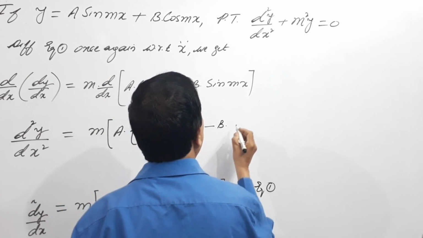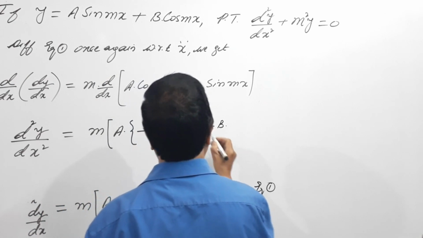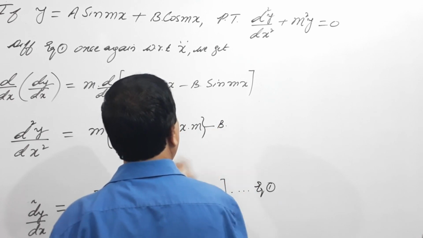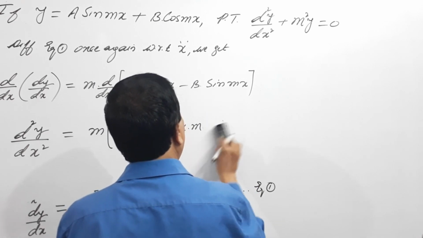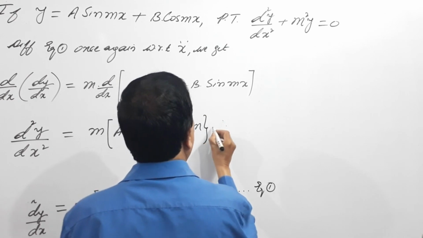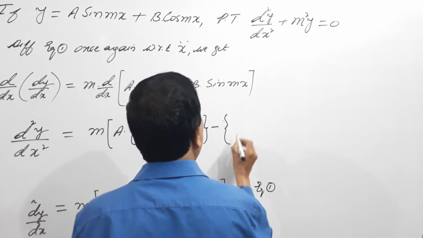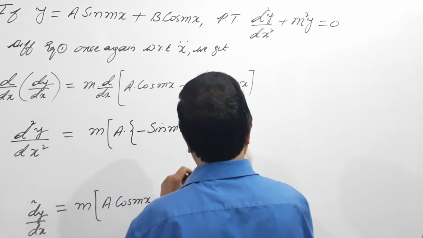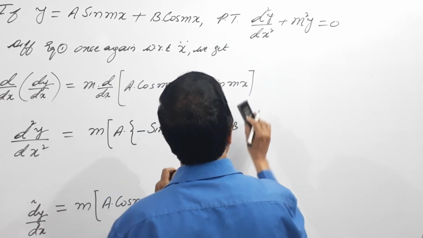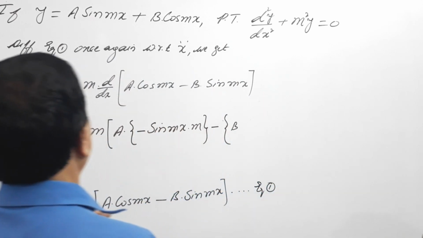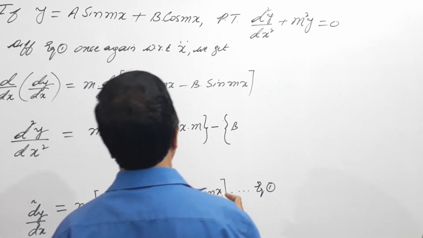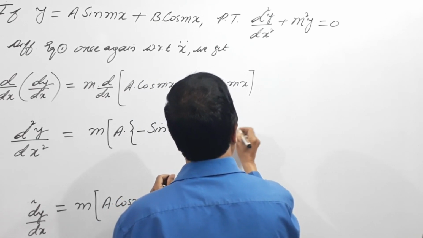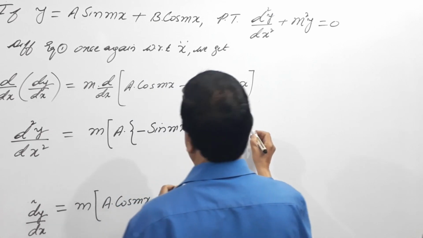I take this b outside, and I close this bracket. Minus, I open this bracket once again, b into. I will take b outside.